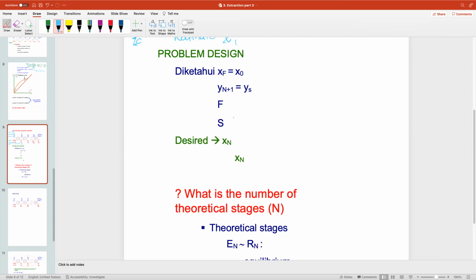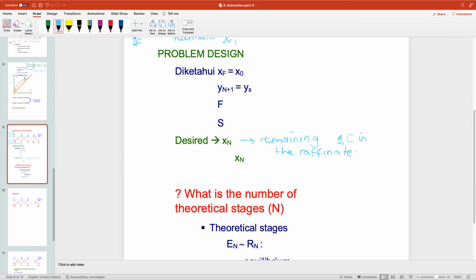We want to know the mass rate of the solvent, and also the feed. And the outcome or output that we want is usually xn. So xn is the remaining percentage of C in the raffinate.